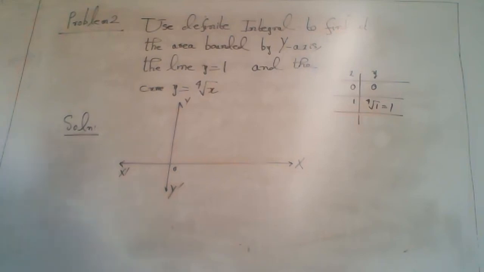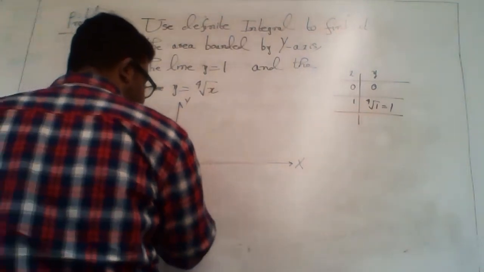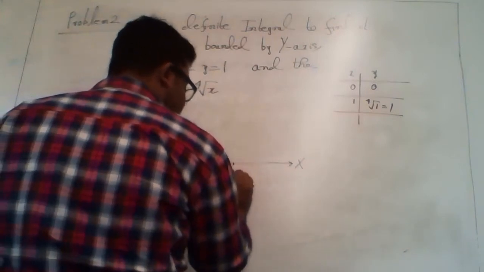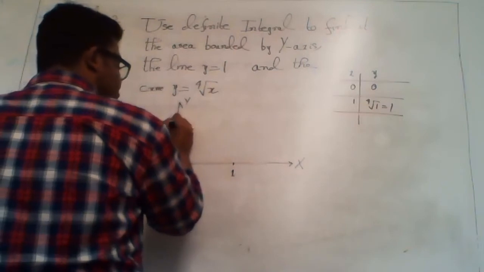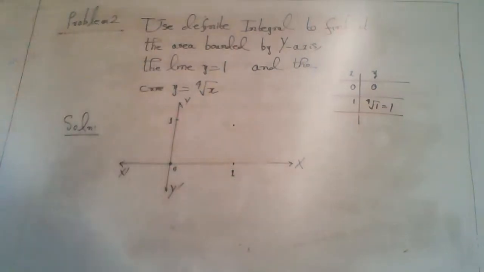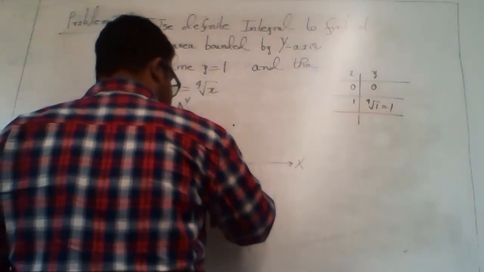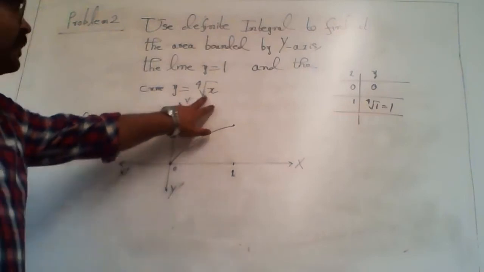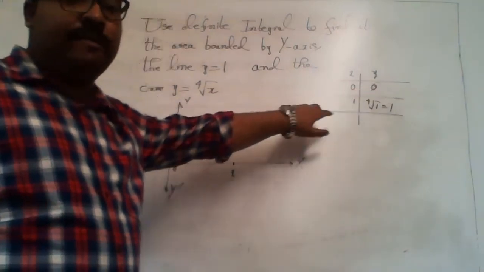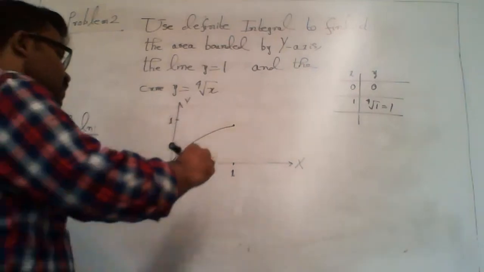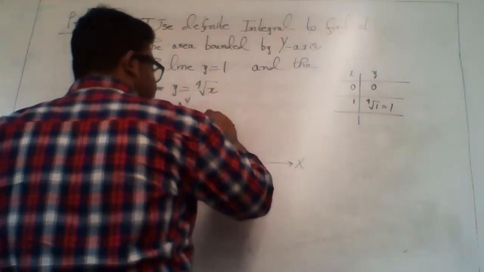Right, so how to draw the graph? At x equals 0 it will be 0, at x equals 1 its value will also be 1, right? The curve will be like this, because from this table if I put x equals 0 I get 0, if I put x equals 1 I get 1. So this is how the curve y equals 4th root of x looks.